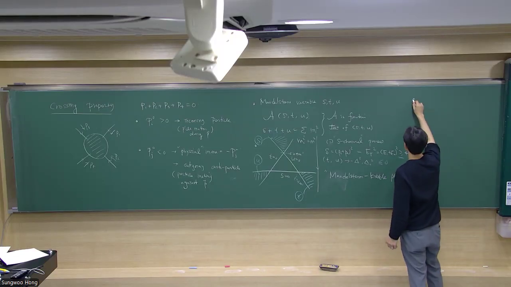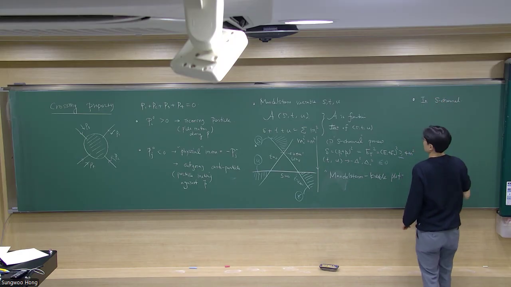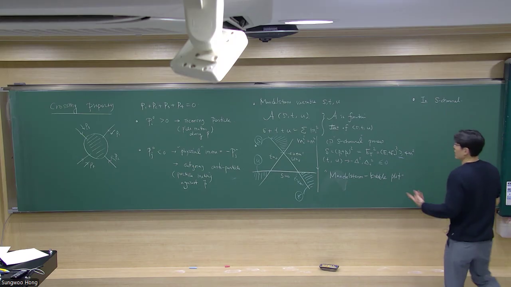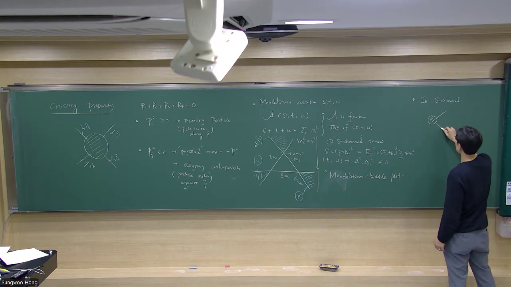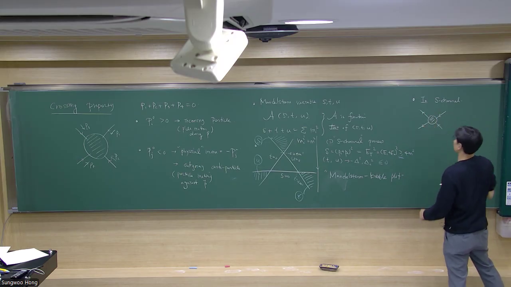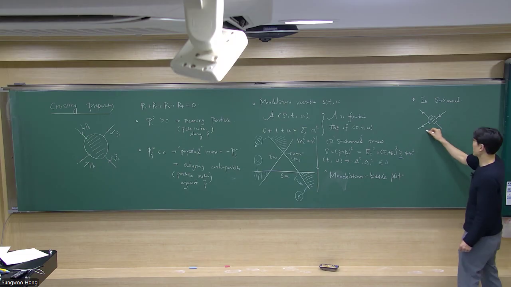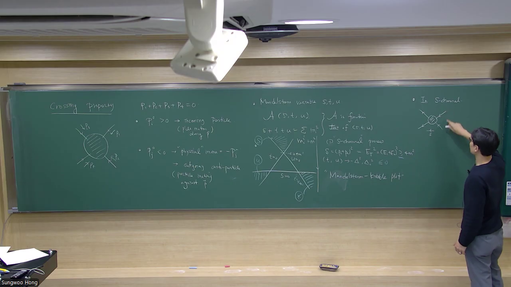So to continue this, suppose we are in the S channel. So suppose I have two identical particles, and then something comes out, right? So this will be an S channel. Suppose these two are identical particles.